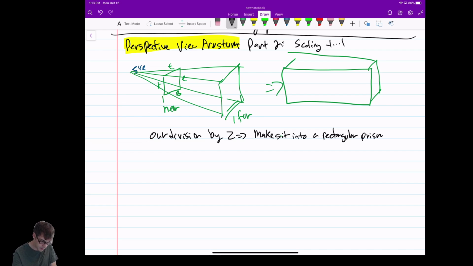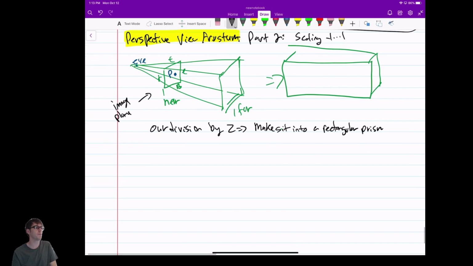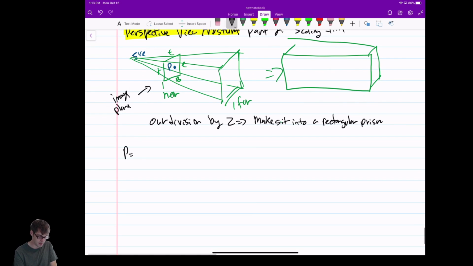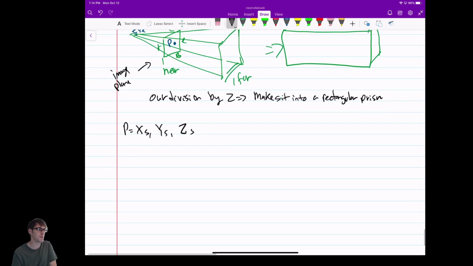So I'm going to draw a point on this canvas here. This is a point in our image plane, of course. This is what we're trying to solve. So that point is going to be X on the screen, Y on the screen, and then also let's put Z on the screen in there, just because.